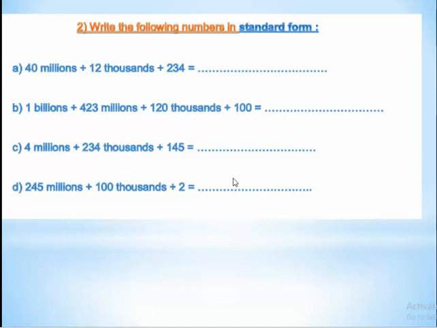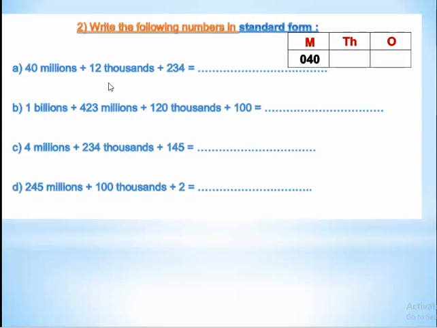Write the following numbers in standard form. Here we have 40,012,000 plus 234. Let's write the families table. Okay, here we have million, thousand, ones. Okay, so we will write in ones, let's start with million.